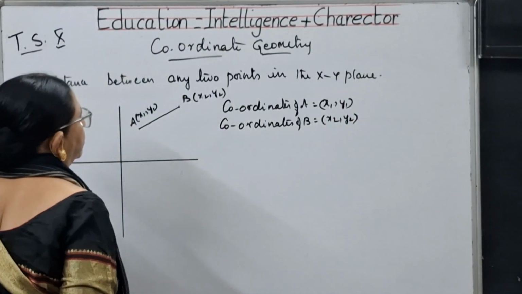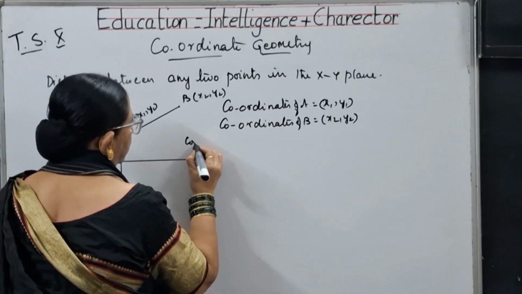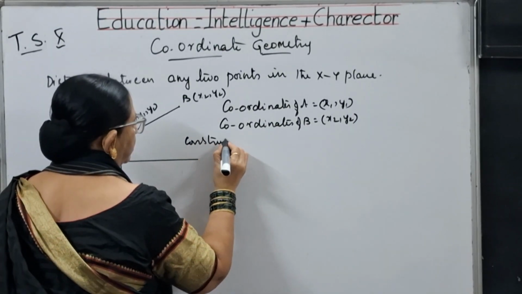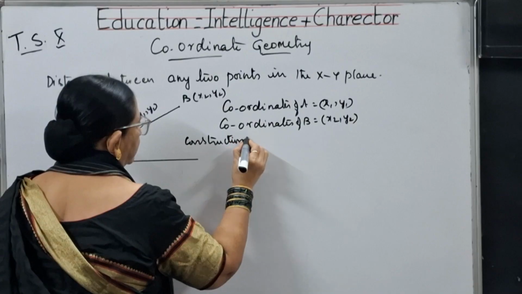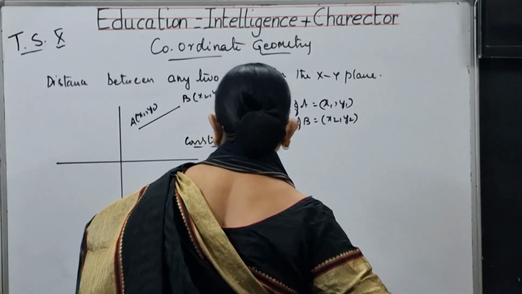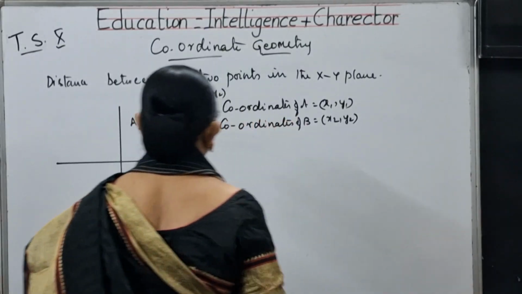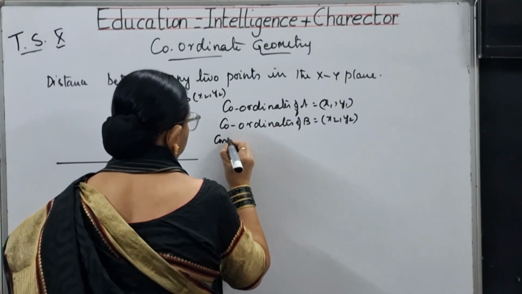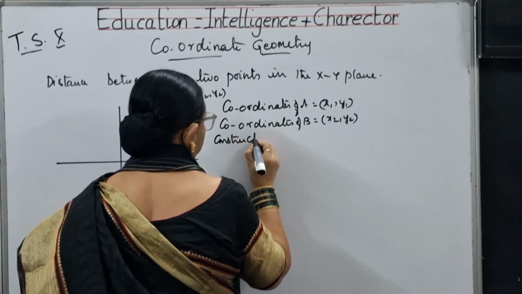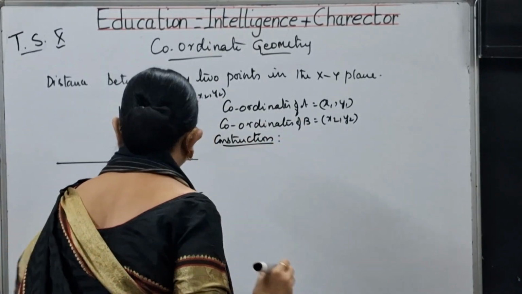Now we want to find the distance between A and B. You have got a small construction here, children. What is the construction? Let me write a little bit away. I need space here. So what is the construction that you have to do?